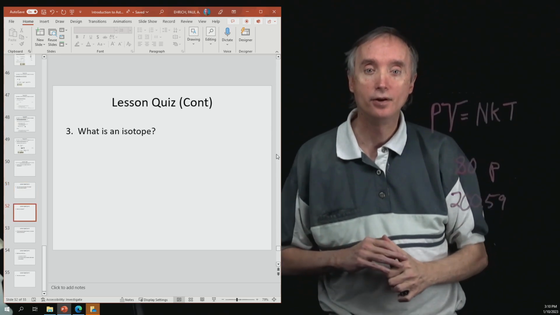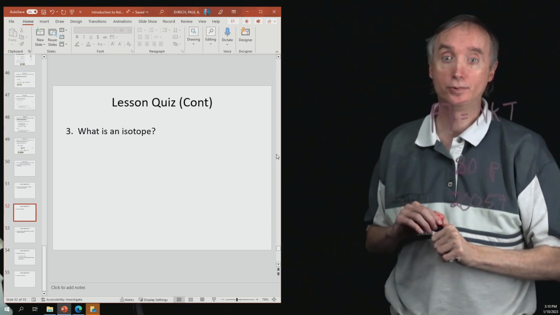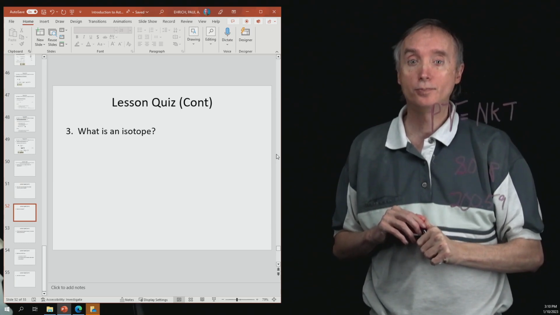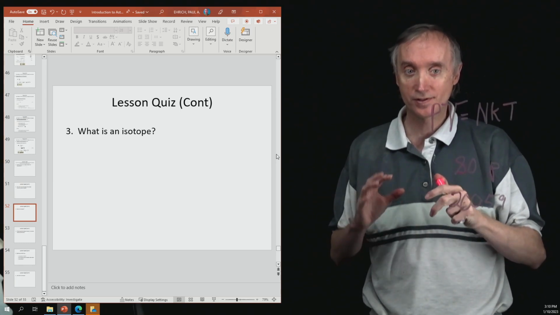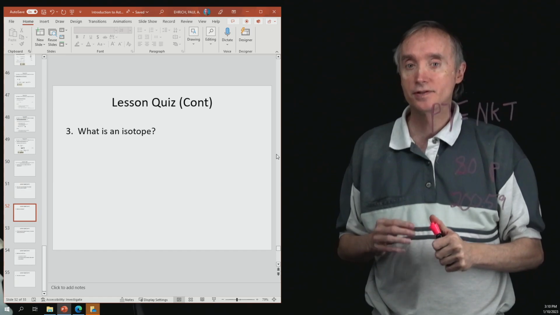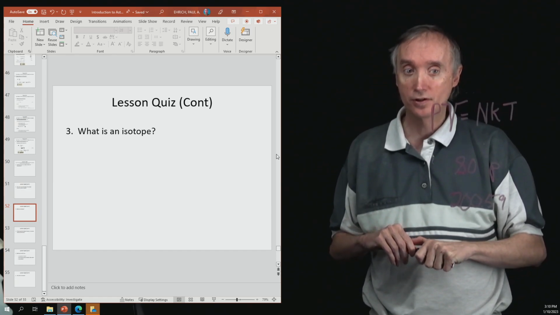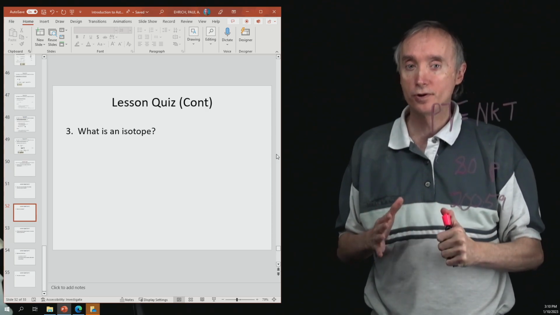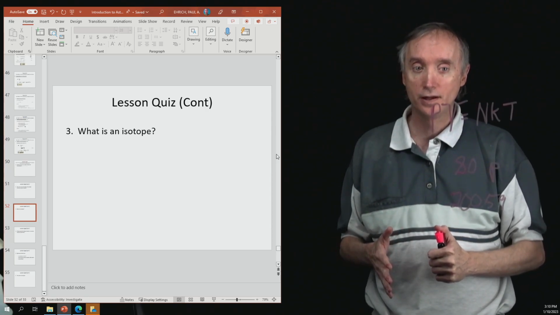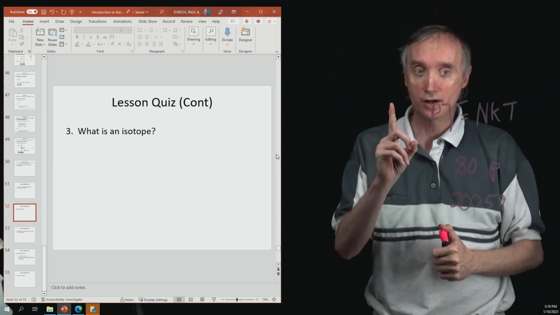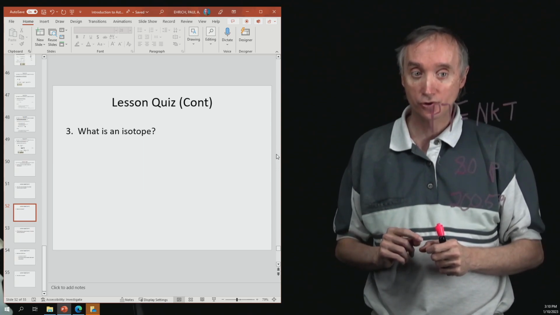Question number 3. What is an isotope? So an isotope is going to be the same element, but it's going to have different numbers of neutrons in it. If you recall, we talked about ordinary hydrogen had 1 proton and 0 neutrons.